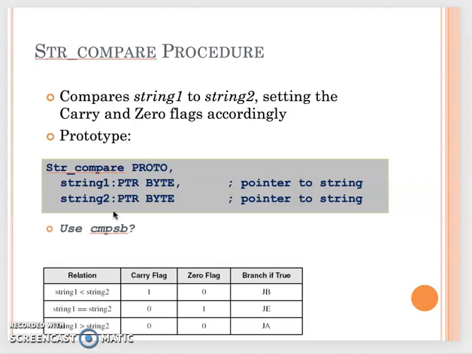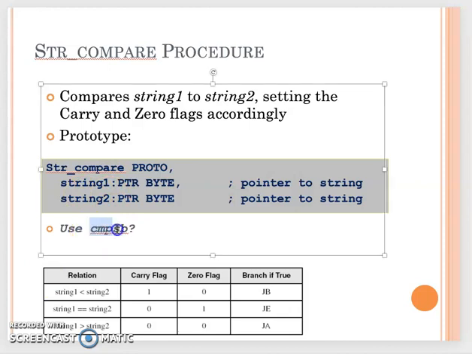But this time we need to be careful. Unless you specify string 1 and string 2, in this case for compare, they have to be the same size. That's why we can use the CMPSB. If you remember, last week on Tuesday when we talked about CMPSB, we did have one example where we compared two strings, but we assumed these two strings had to be the same size.